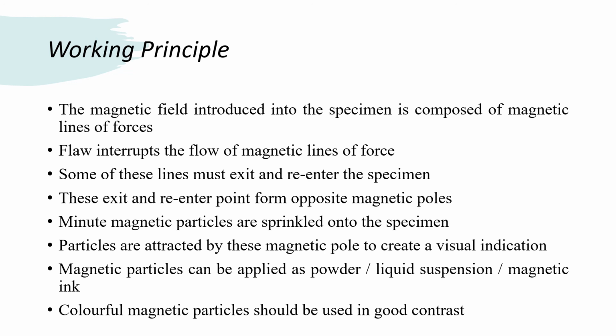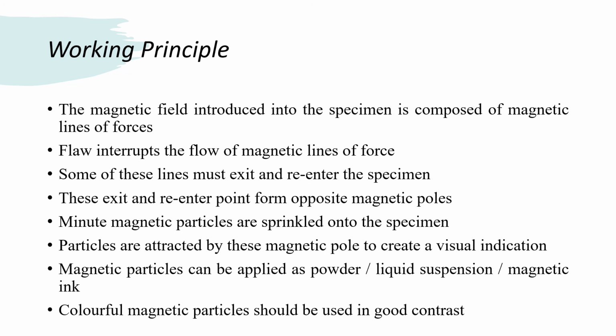It is important to note that because of the better sensitivity when the discontinuity is at 90 degrees to the lines of force, the magnetic flux should be induced in several different directions when the possible flaw orientations are not known.